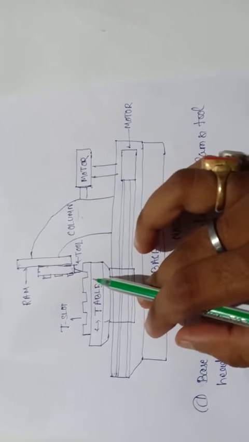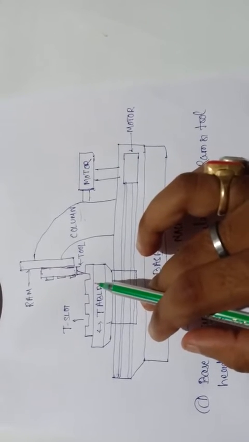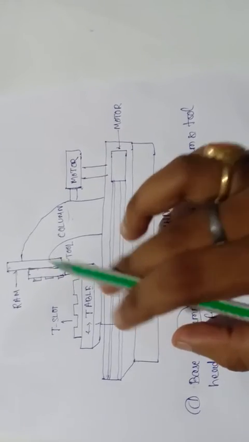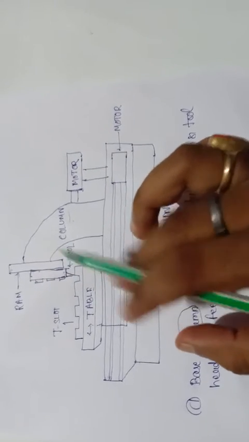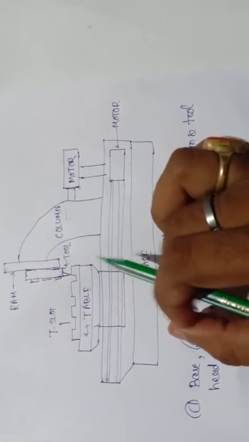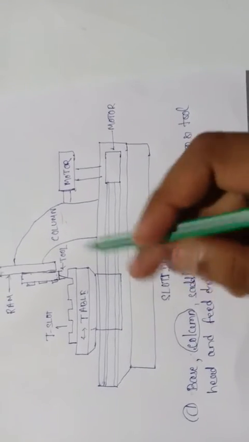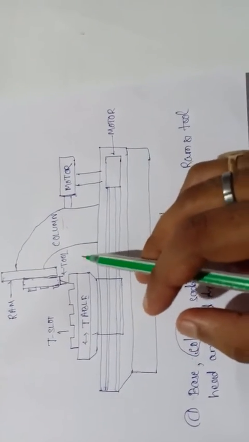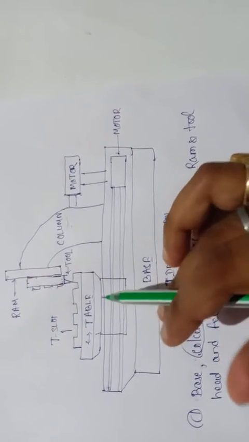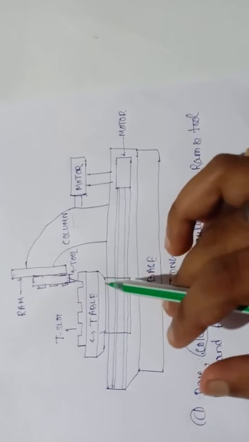Then the mechanism is either a hydraulic drive or a variable speed motor drive. In hydraulic drive, a motor drives a hydraulic pump that delivers oil at constant pressure to the line, and a regulating valve admits oil under pressure to each end of the piston alternately.